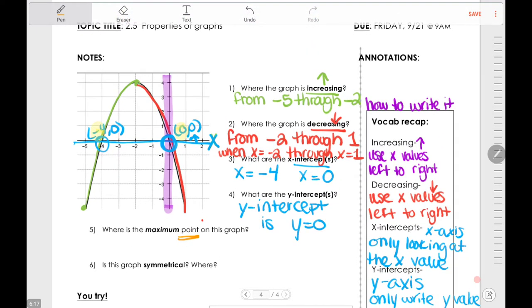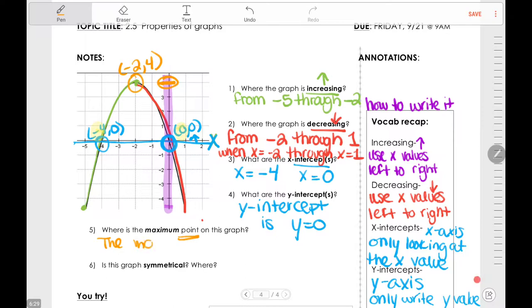So when I look on here, I look for my highest point, that's here. That coordinate is -2, 4. And if you see, that's the biggest y value. So the maximum point is -2, 4. And the max y value is 4.